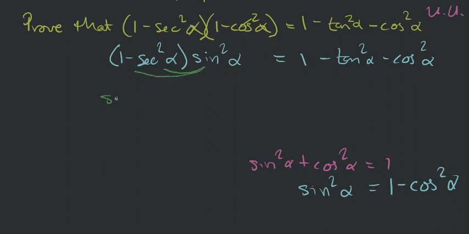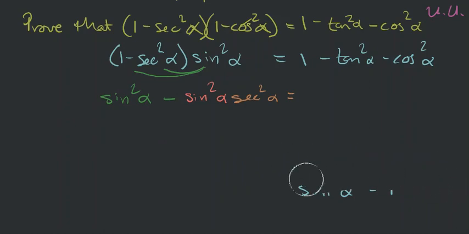So we're going to have sine squared alpha minus, now let's get some colors going here, sine squared alpha multiplied by secant squared alpha. And again, let's get rid of this. Alright, we'll leave this side alone for a moment.